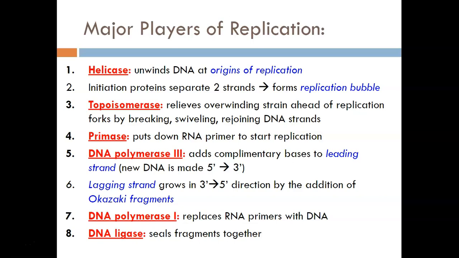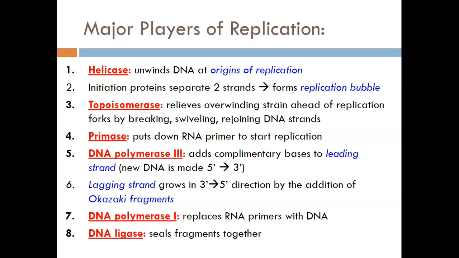It uses that as its little landing zone. And the polymerase 3 is really what then marches along and adds the new bases. So it brings in the new A's, T's, C's, and G's as it marches down the DNA in a 5' to 3' direction.